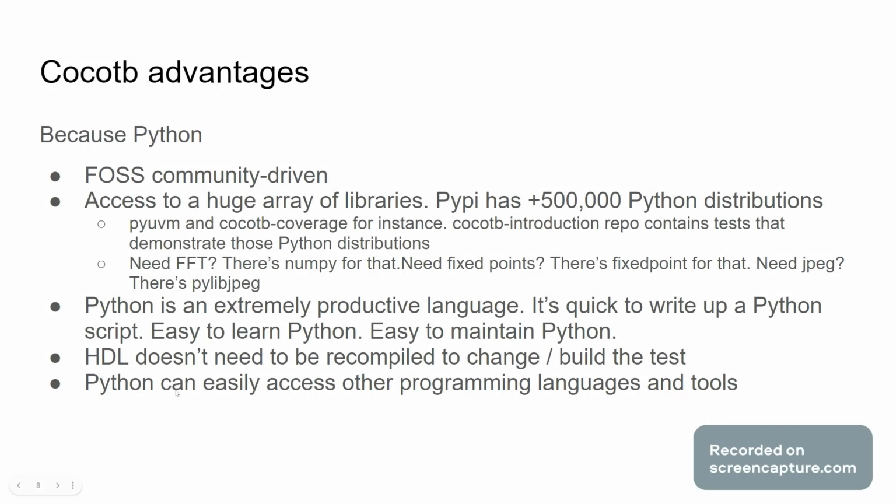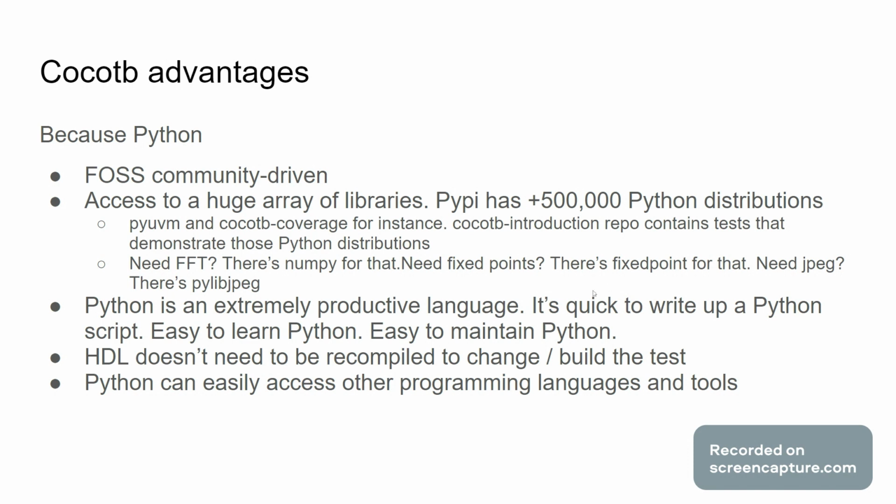And Python can easily access other programming languages. I don't know how commonly this is said, but it is said that Python is an excellent glue language, since it has so many distributions, and there's almost always a distribution that involves getting access to other languages.